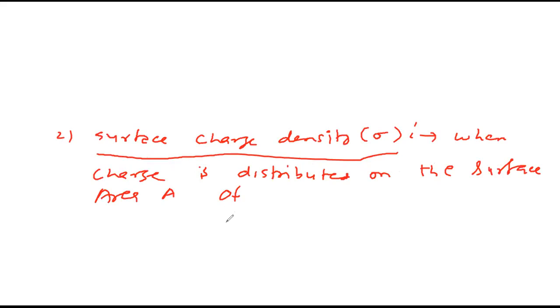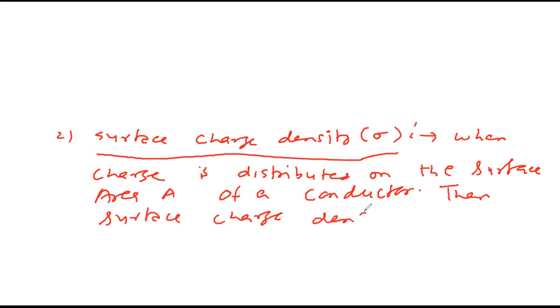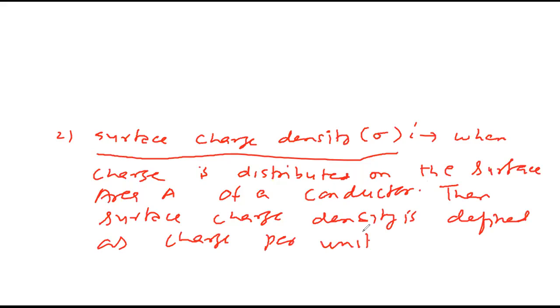When charge is distributed over surface area A of a conductor, then surface charge density is defined as charge per unit area.